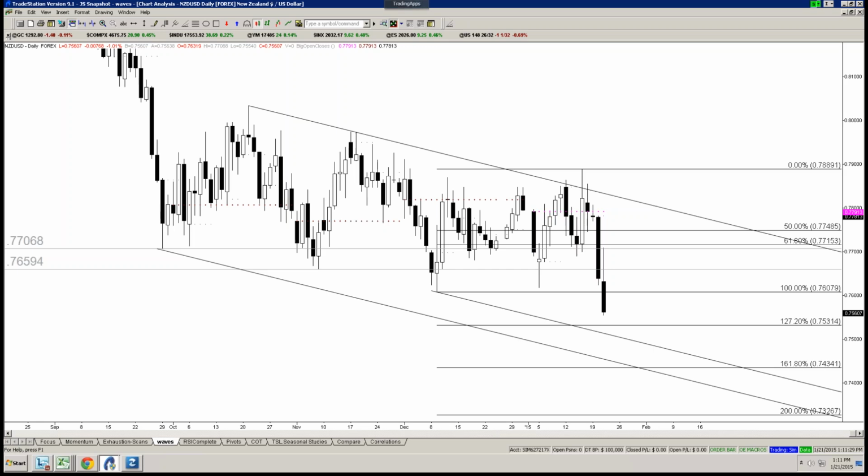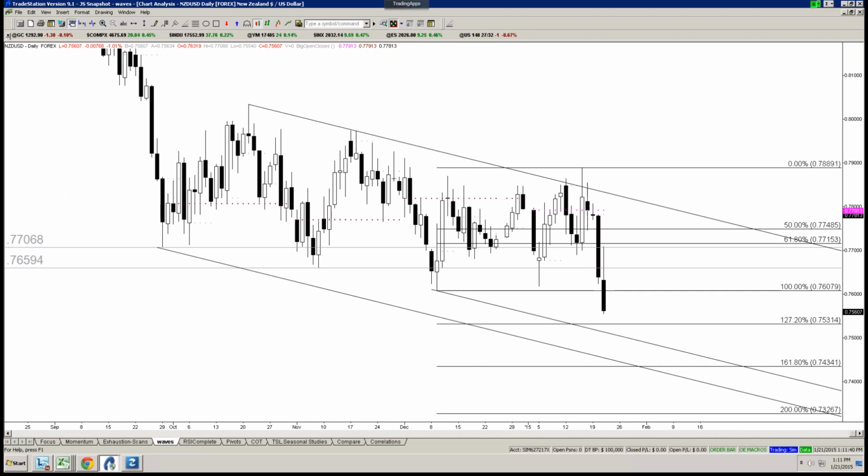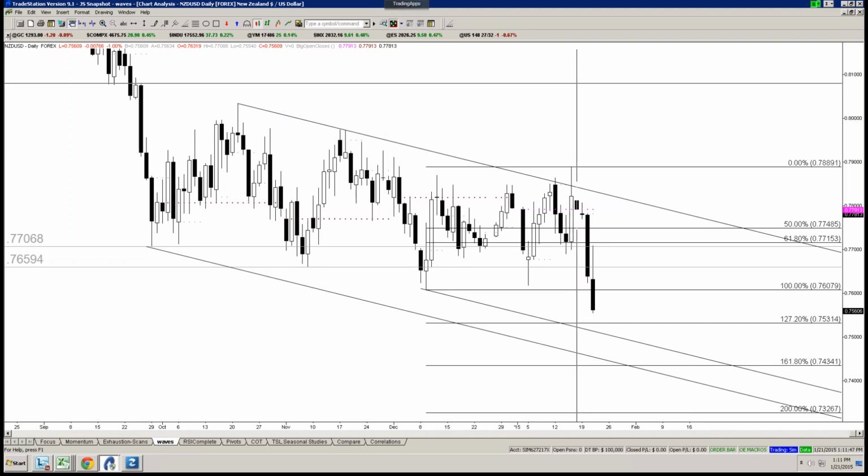Remember, for a while we were thinking that we might get a triangle or even a flat for Kiwi. Well, we didn't really get either. In fact, remember last Thursday, this spike bar up here, just a total fake out, and the market has fallen apart since.